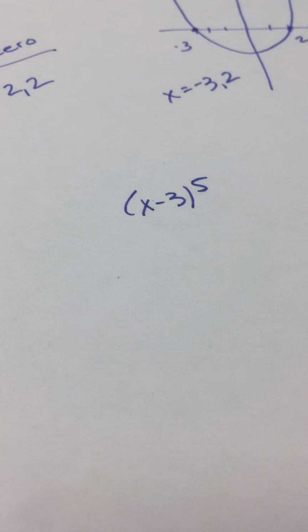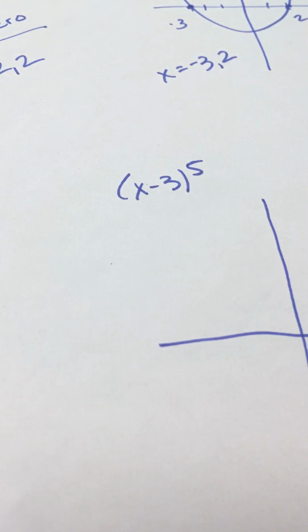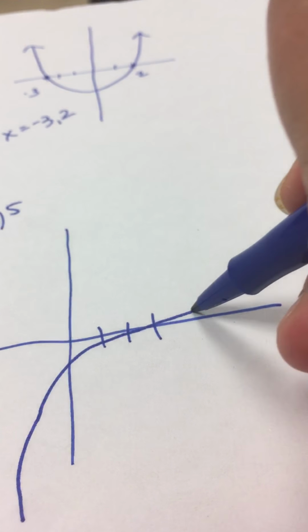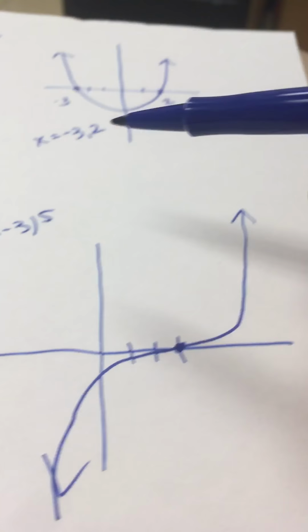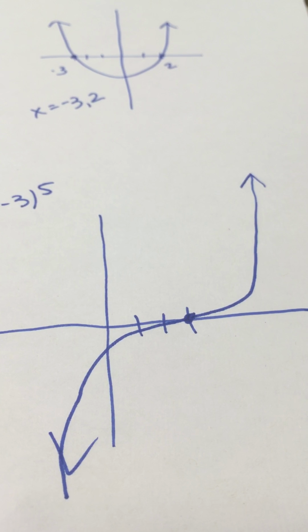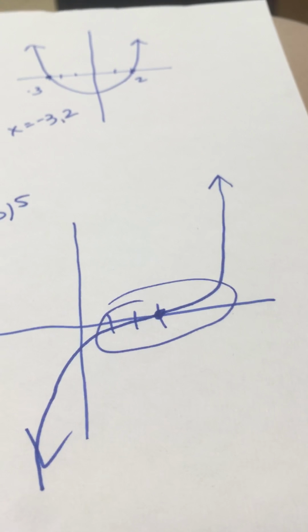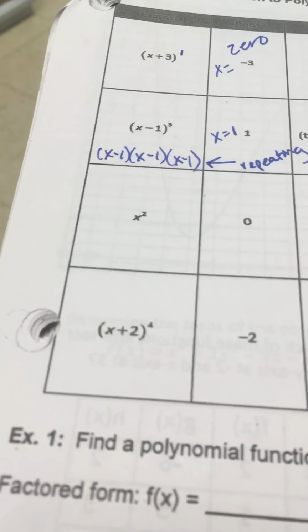So with something like x minus 3 to the 5th, it happens at +3. The graph, when you get here, would be even more flat for a while and then go up. So when you see the repeating 0, ultimately it gets kind of flat around the x-axis, or it bounces off for the next 2.